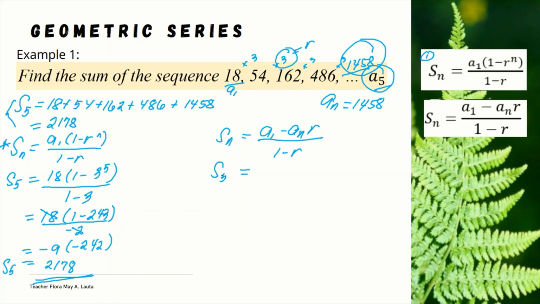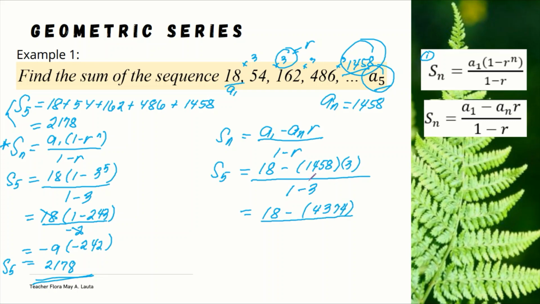So S sub 5 is equal to a sub 1, that's 18, minus a sub n, which is 1,458, multiplied by our r, which is 3, divided by 1 minus 3. Then 18 minus 1,458 times 3, we have 4,374, divided by 1 minus 3, which is negative 2.